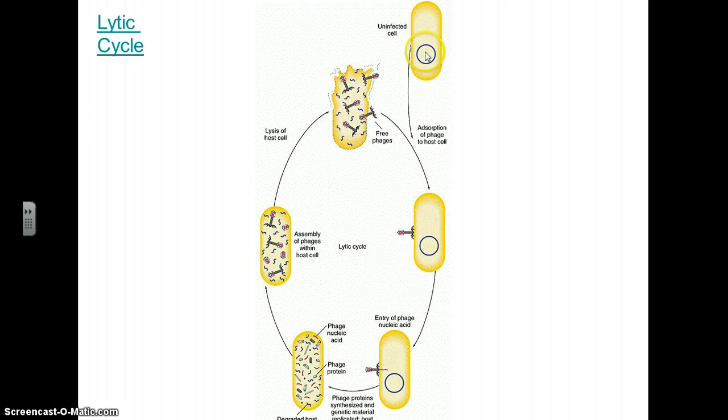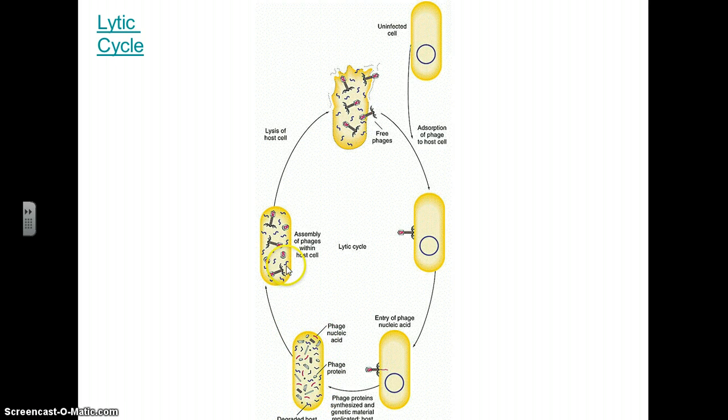In the lytic cycle, here you've got this bacterium, and the virus, or phage, as it's sometimes called, attaches. It inserts its DNA into the host. Essentially that viral DNA allows the virus to take over the host cell. The host's DNA is broken apart, and that host cell is turned into a virus-making machine.